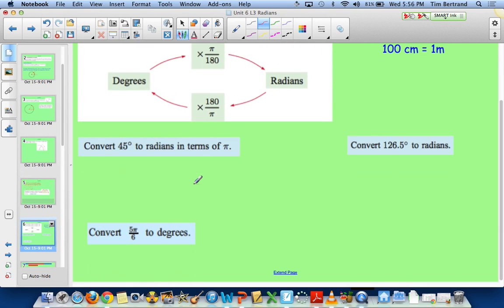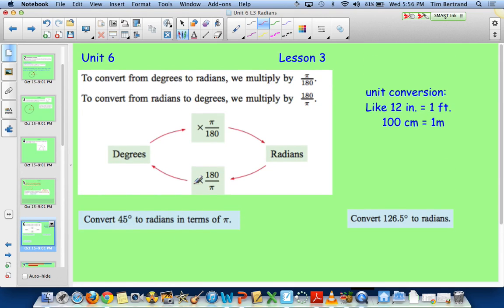So you're used to unit conversions, like 12 inches equals 1 foot, 100 centimeters is a meter. Okay? So we just multiply, if we're in degrees, we multiply by pi radians over 180 degrees. So here's an example, 45 degrees times pi radians over 180 degrees. That's just my unit conversion.